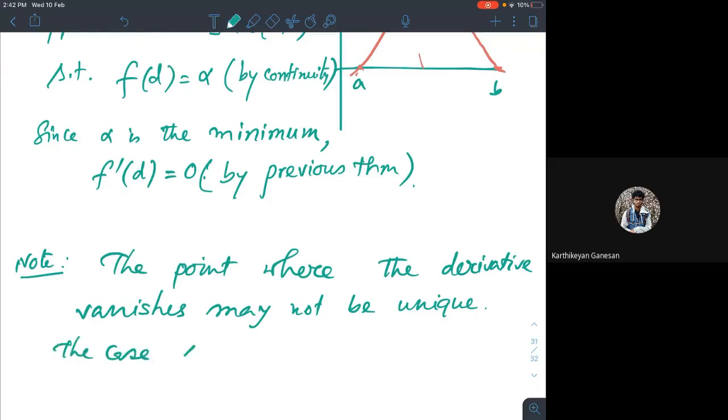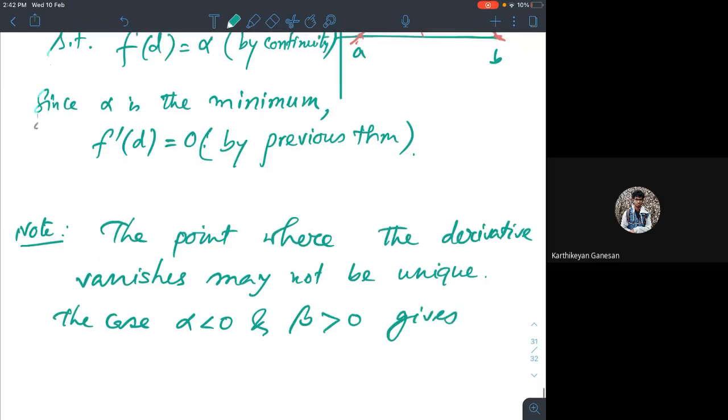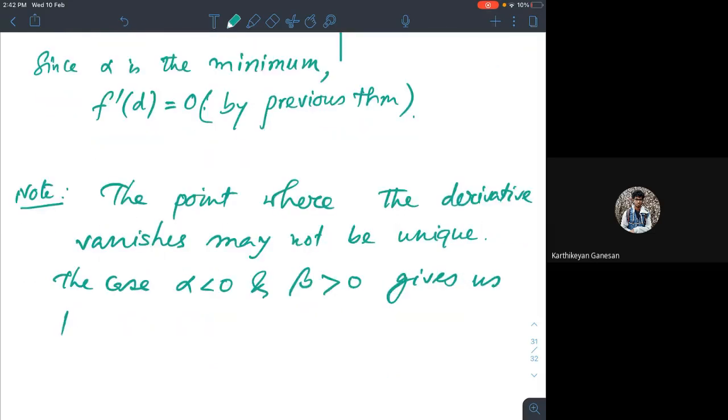The case alpha less than zero and beta greater than 0 gives us 2 points.